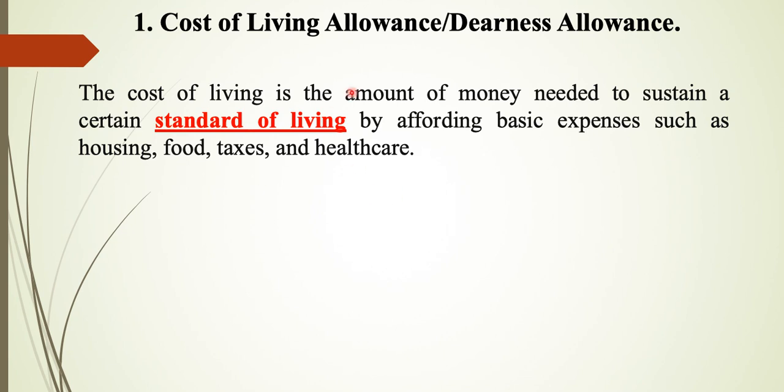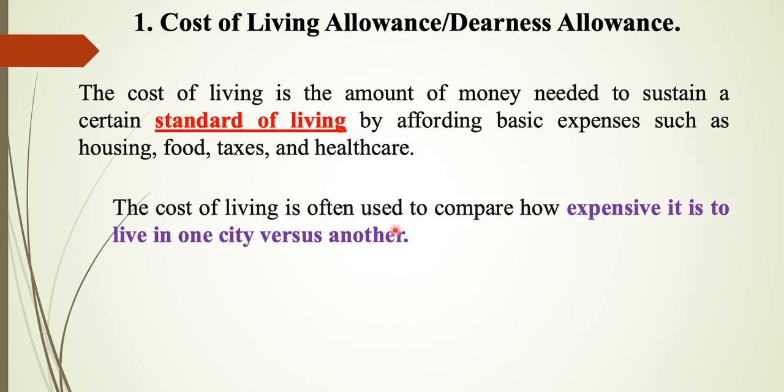So this cost of living allowance or dearness allowance talks about the money which is needed to sustain a certain standard of living by affording the basic needs of life like housing, food, taxes and healthcare.